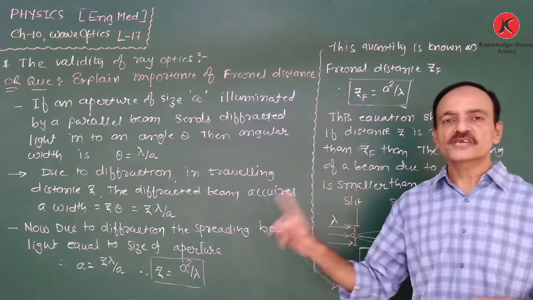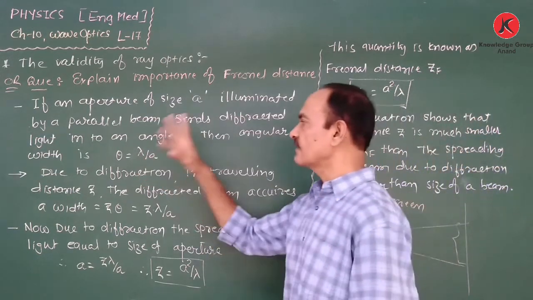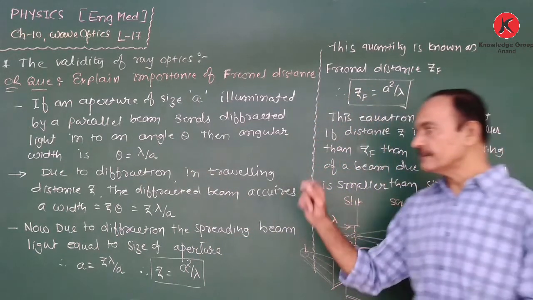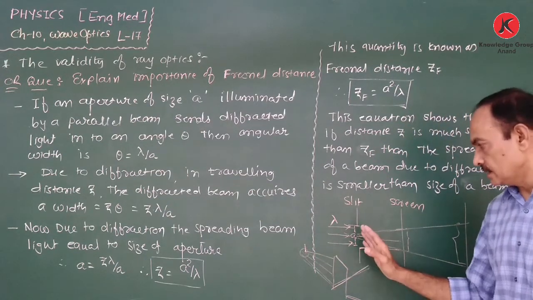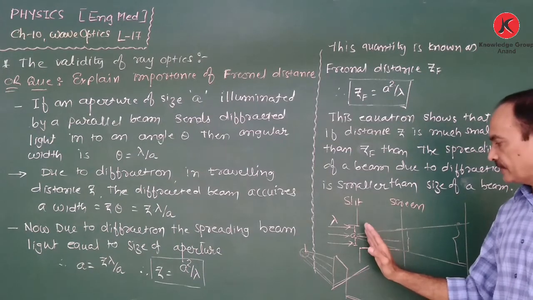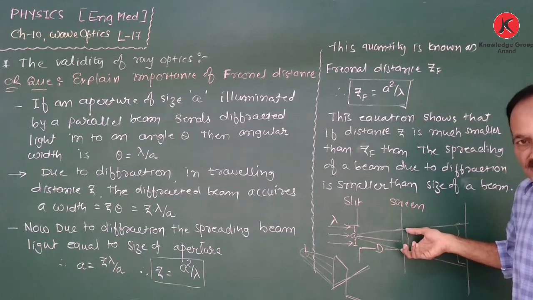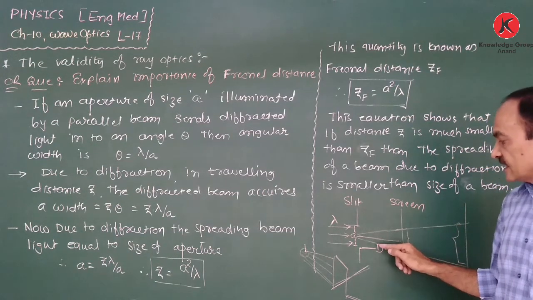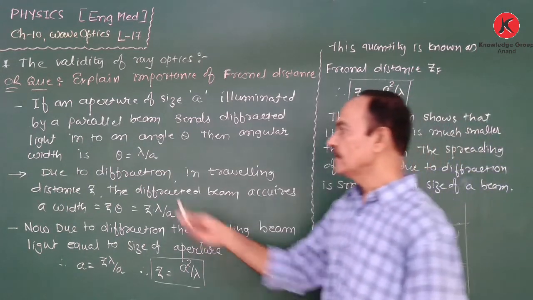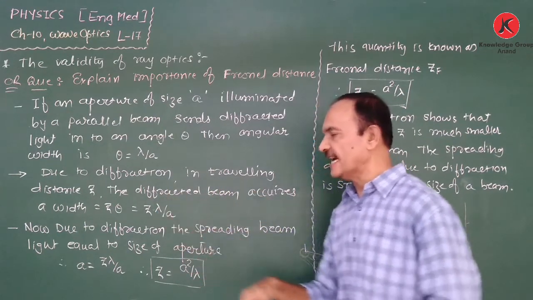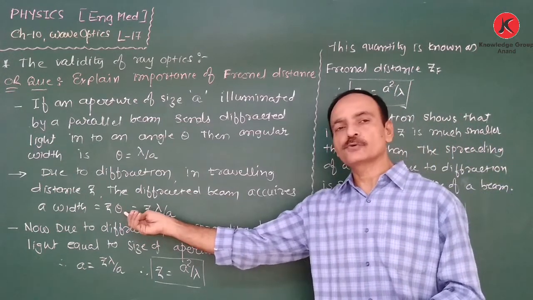Already we discussed this for the central maxima, first minima and secondary maxima. Due to diffraction, if the diffracted wave travels a distance, which we consider as Z, the diffracted beam acquires a width equal to Z into theta.